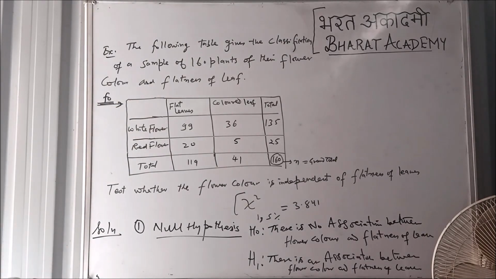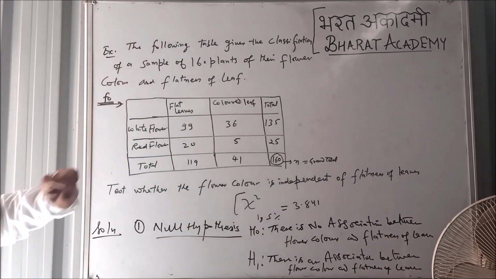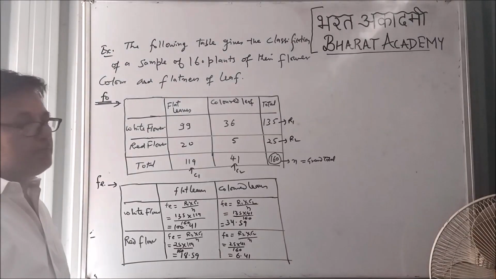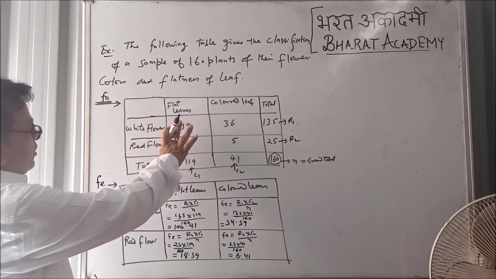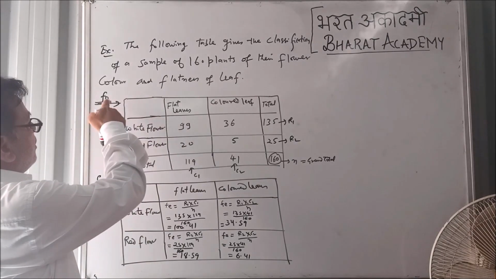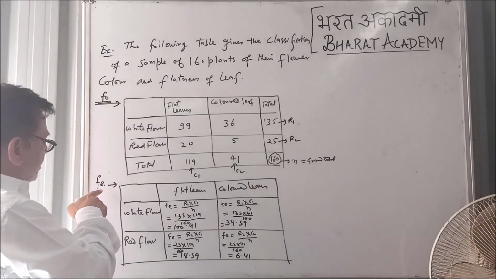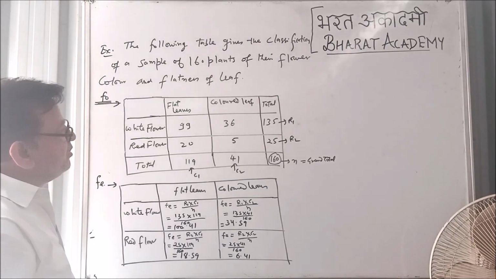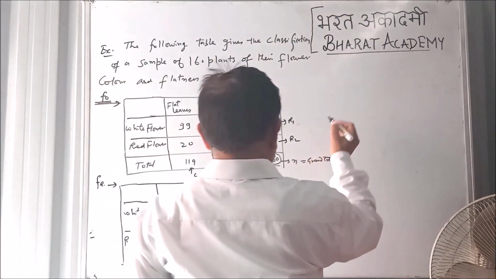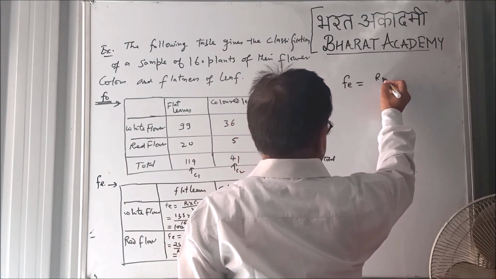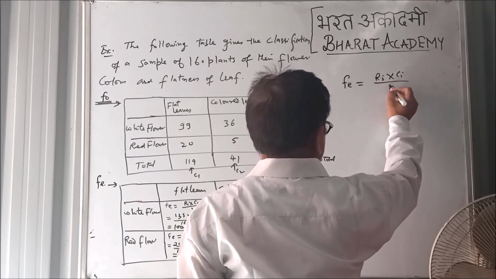Now we have to calculate the expected frequency based on these observed frequencies. The formula for the expected frequency was Ri into Ci upon n, the grand total.